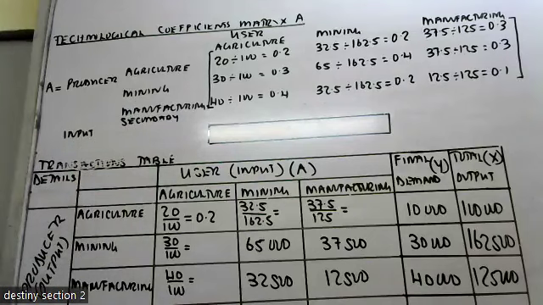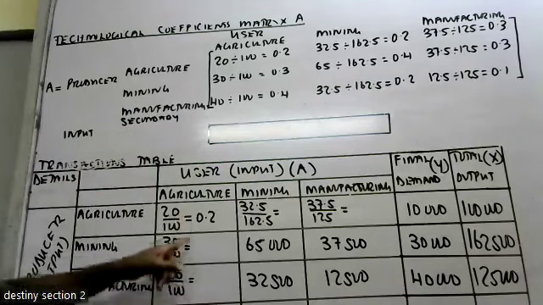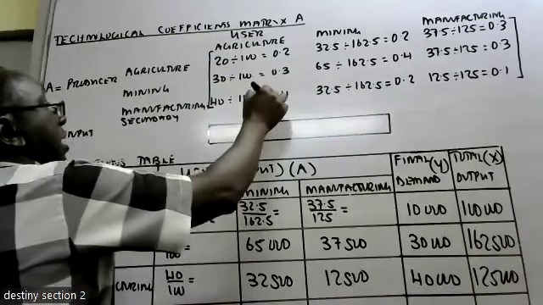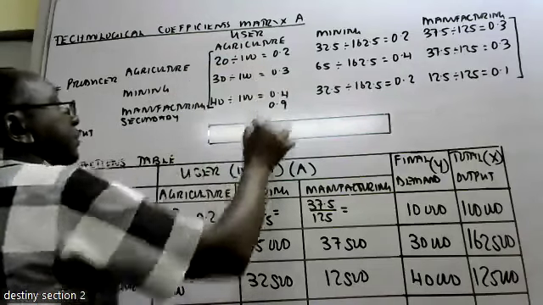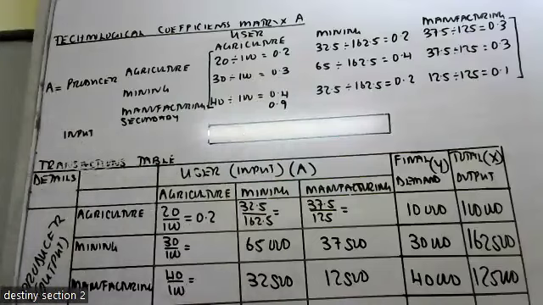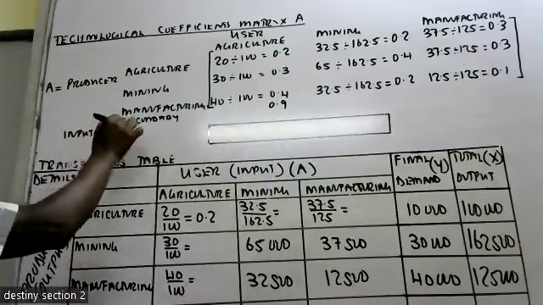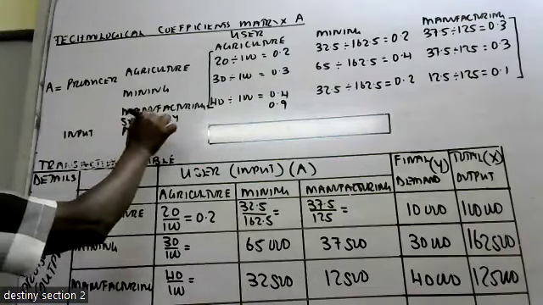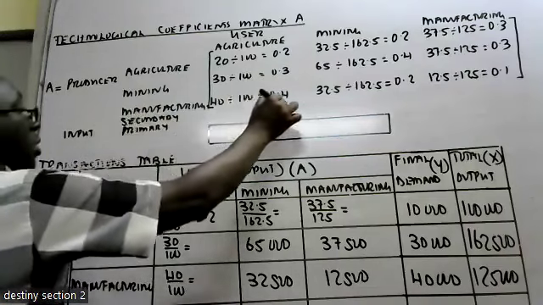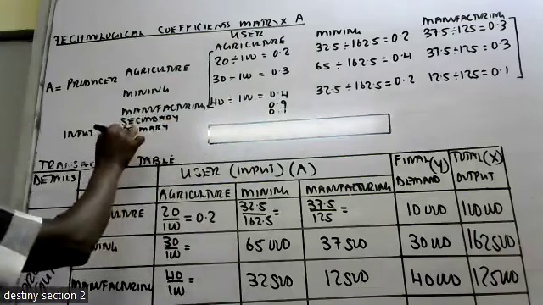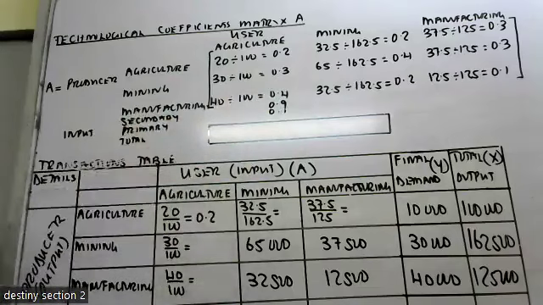Sasa secondary, the same way tumefanya hapa. This plus this plus this will give us 0.9. And therefore primary will be 0.1, and the total will be what? 1.